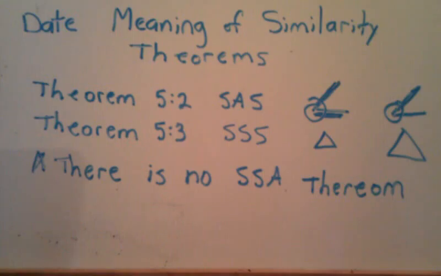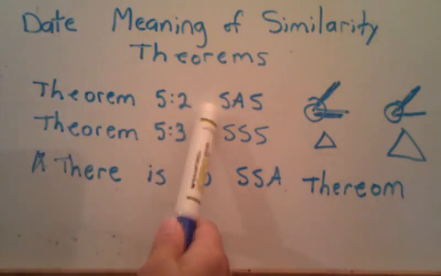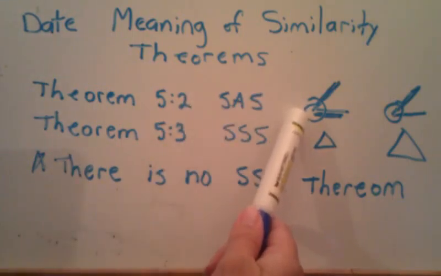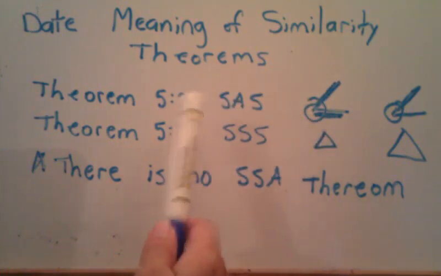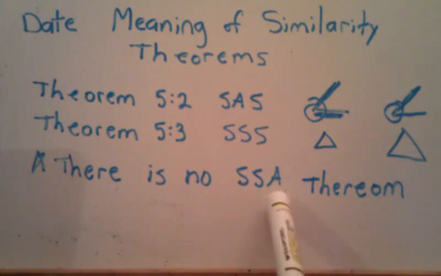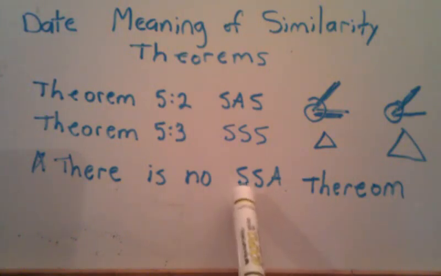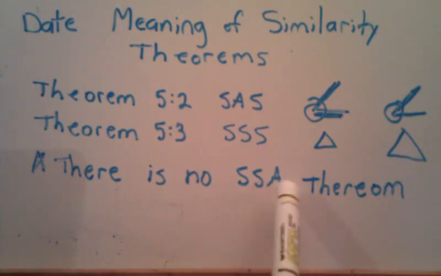We have a side angle side theorem, but that angle has to be the angle that these two sides are connected with, because the side-side angle theorem is not true. Just because you have two triangles that the sides are similar and this angle is equal, if the angle is not between the two sides, then it doesn't prove that they're similar.